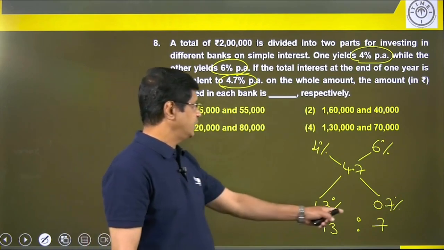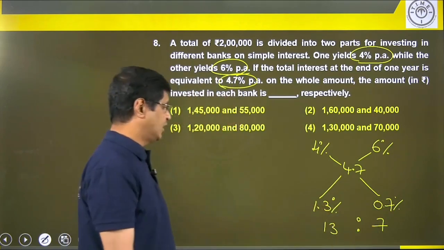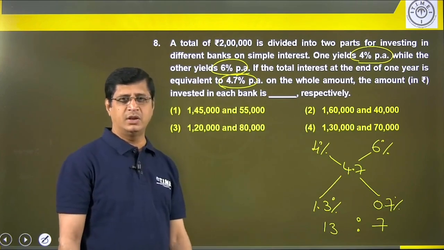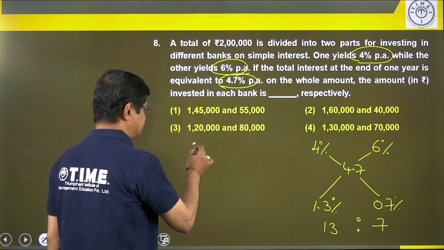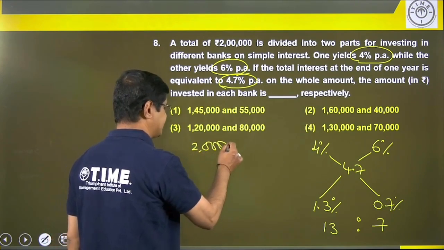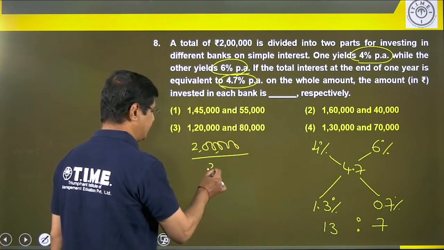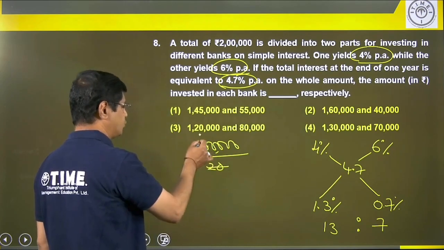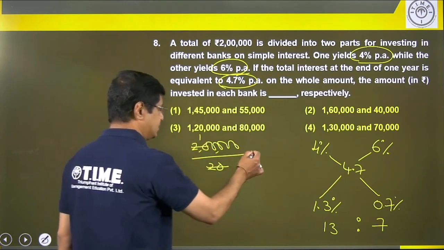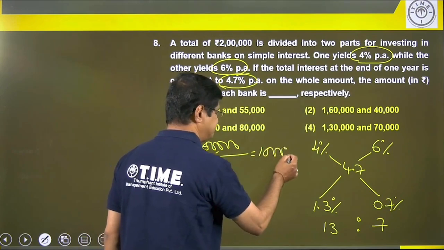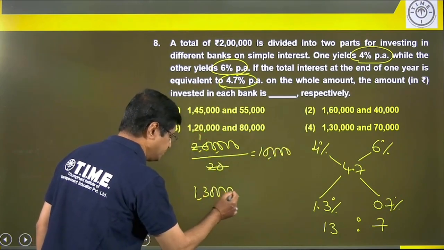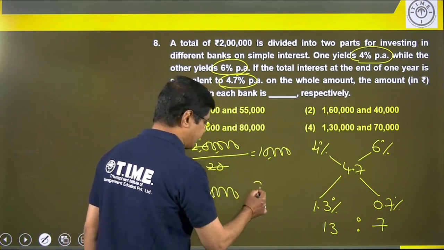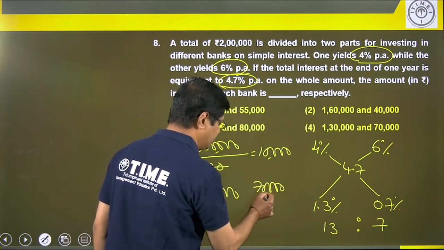So 10,000 into 7, 70,000. 10,000 into 13, 1,30,000. So each part is equal to 10,000.